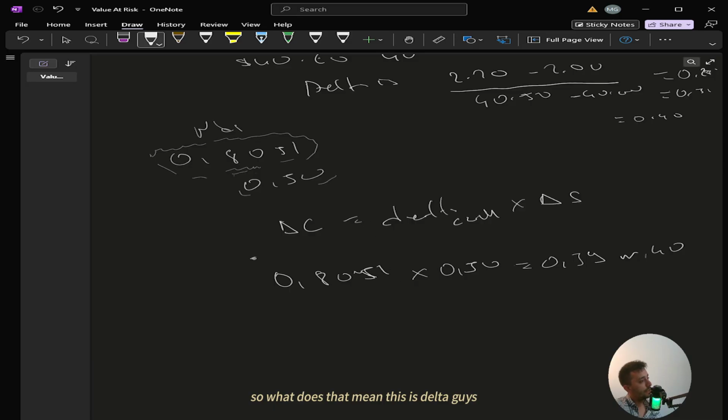So what does that mean? This is already our delta, guys. If you change the price, you just multiply. No more. You already have delta. This is coming from the Black-Scholes-Merton formula. This is our probability.